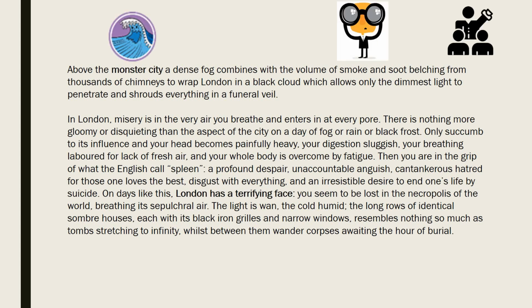So, we have got Monster City and London has a terrifying face that I have spotted there and I have put in bold. Monster City. The city has been personified as if it is a monster. There are connotations of the word monster.